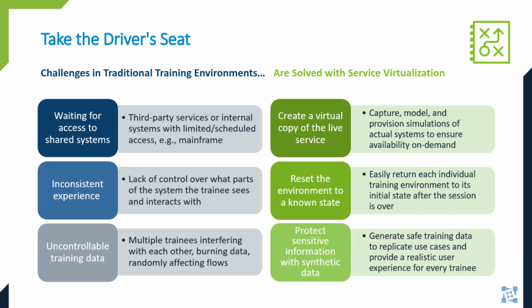Instead, you use synthetic data and multiple instances of the same virtual services with that data. So each and every person has an individual, unique experience with zero interference from the others, and the best part of it, a very realistic experience.